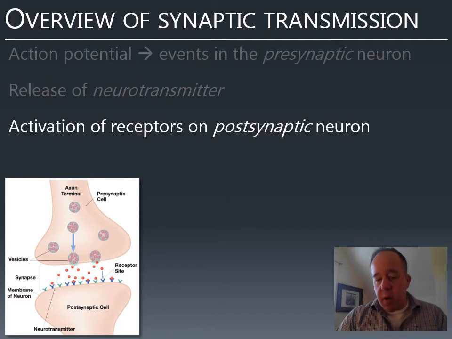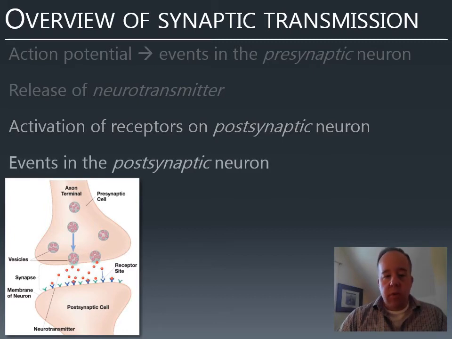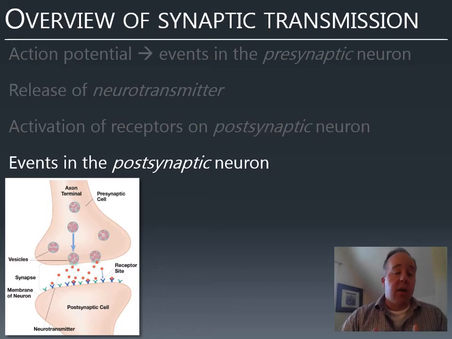That neurotransmitter molecule then diffuses. It's the same force that governs the action potential itself. That neurotransmitter diffuses across the synaptic cleft to the postsynaptic neuron, where the dendrites are, and binds to receptors. Binds to receptors and causes some chemical reaction, or causes ions to flow into the postsynaptic neuron. Something happens there. And again, it varies, as we'll see, so I have to be a bit vague here.